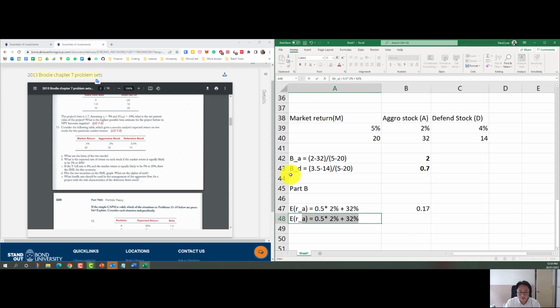And for the defensive stock, it's 0.5 times 0.035 plus 0.14.